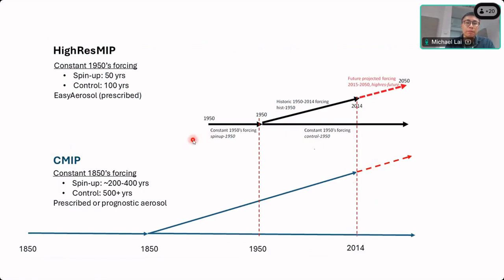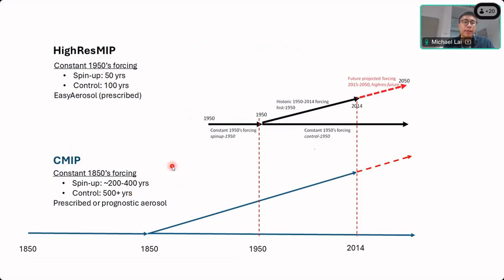So in HighResMIP, the spin-up is about 50 years with a 100-year control based on constant 1950 forcing. And in CMIP, the spin-up is often multi-centennial, so it will be a lot more stable than the HighResMIP control simulations, and they also run the control for 500 plus years.